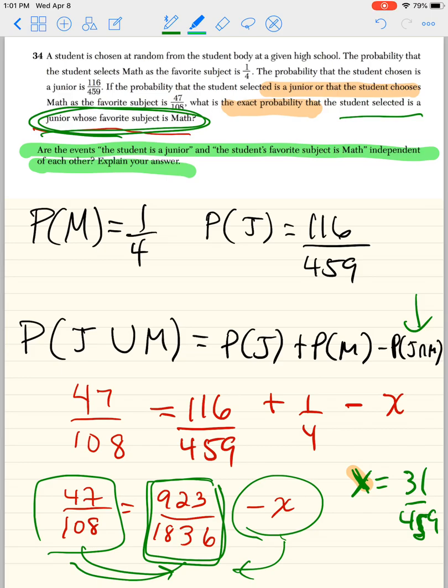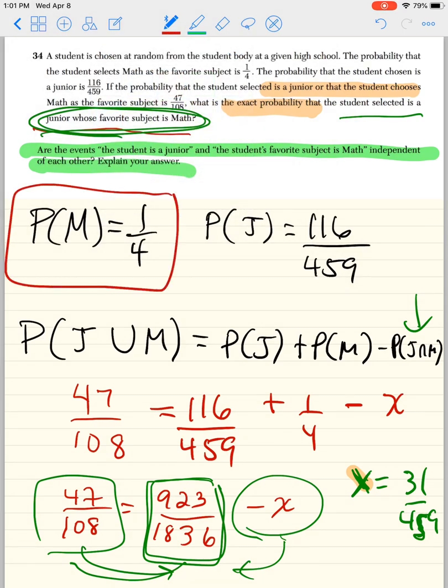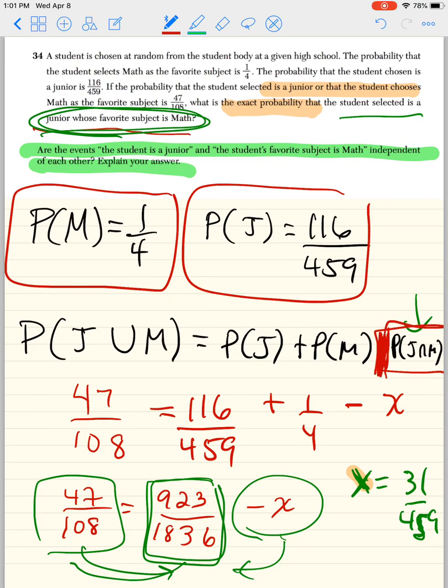Well, remember, in order to show independence, you have to take the probability of each one separately and multiply them together. If that equals their intersection, which is what we just found, then they are independent. And if it doesn't, then they are not independent.